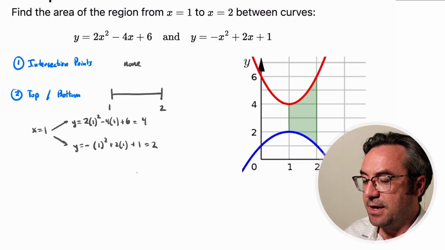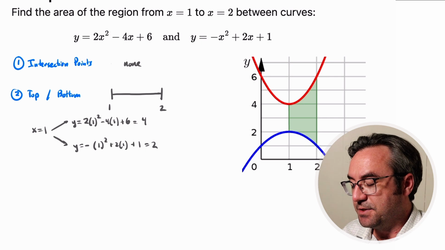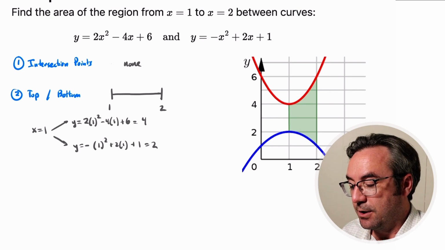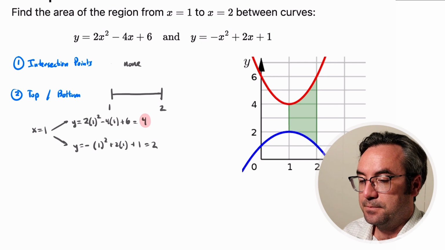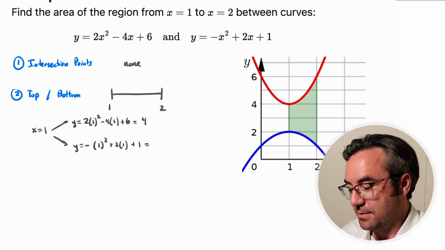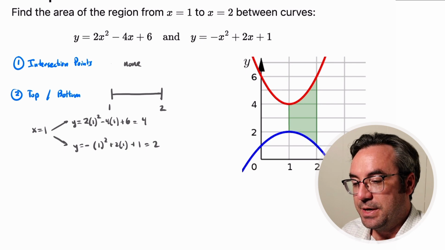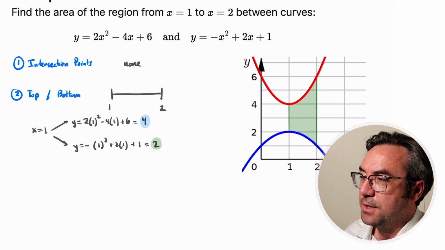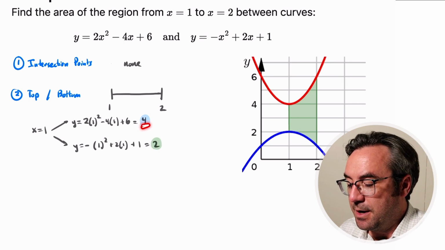So what this is telling us is our top function is whichever number was bigger. I'm going to use, maybe I'll use blue and green. So 4 here is the bigger number.